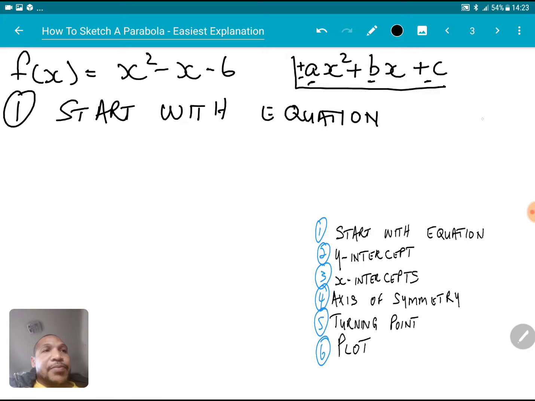If it's positive, it concaves upwards, because positive is happy. When it's negative, it's going to concave downwards. When we look at our equation here, we see the sign is positive, so the parabola is going to look like that. At the end of the day, we should have something that looks like that.